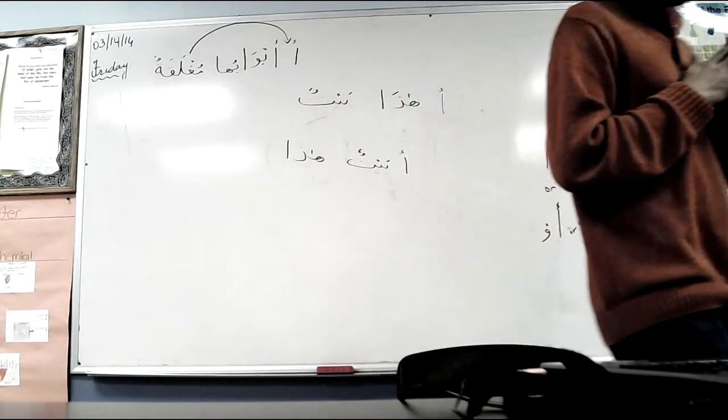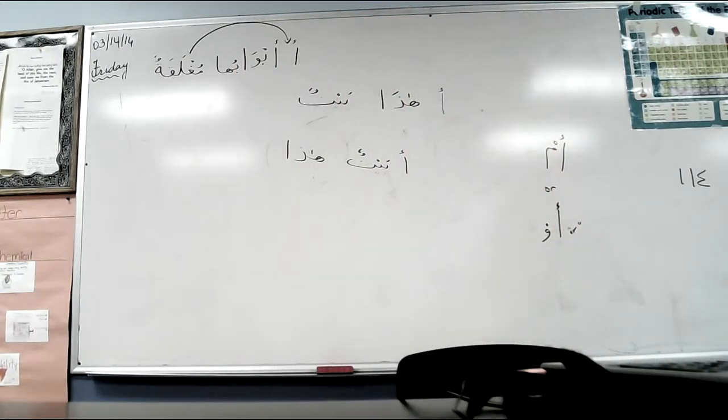We have learned several groups of nouns and adjectives which do not have tanween. Okay, so basically there's three examples that they're gonna give where you don't have tanween, right? So the first example, what does it say?